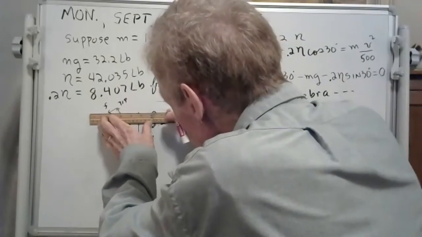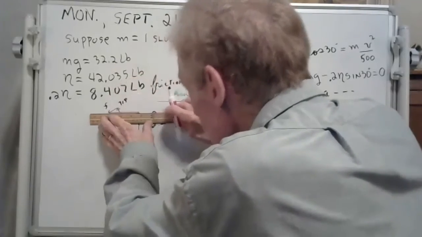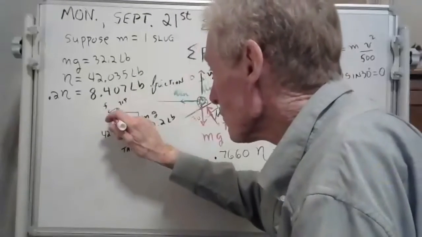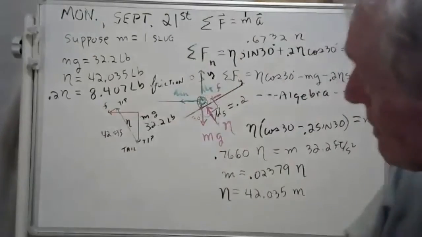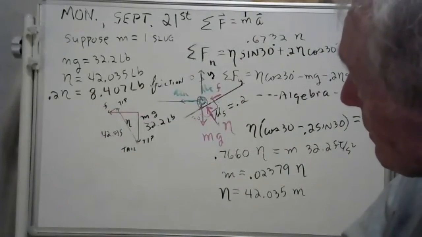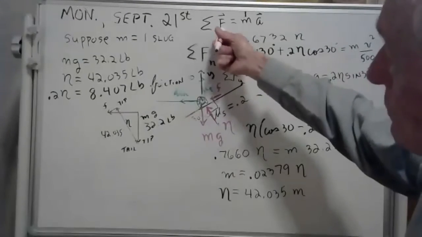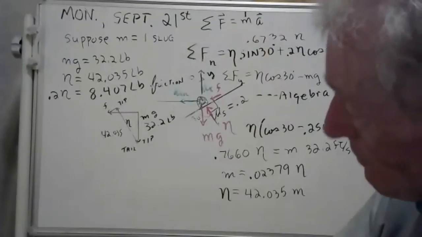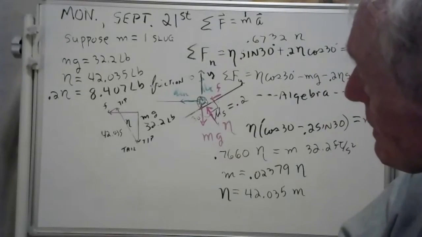All right, we're going to do that now. And we'll put an arrowhead on that. And you know what that'll give you? That will give you the sum of the forces. And guess what?